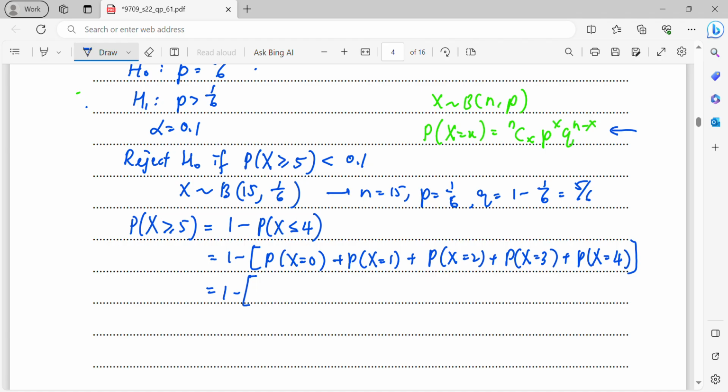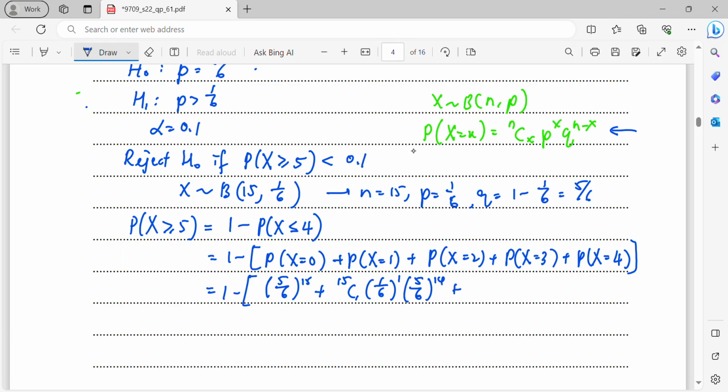So when P(X = 0) means no success, in other words, all 15 throws are failures. That means I will be getting the probability of (5/6)^15, all failures. Then plus 15C1, then 1 success and the 14 are failures.